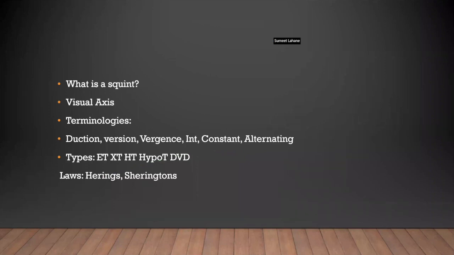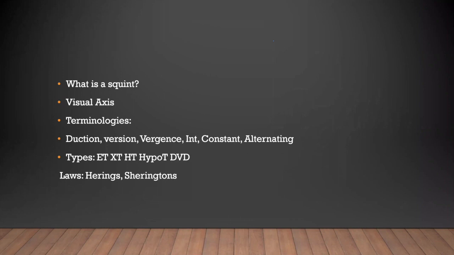There are some terminologies that I would like to take you through: duction, version, vergence, intermittent, constant, and alternating. We will do this because often we get confused between basic terminologies. Duction is movement of one eye; monocular eye movements are ductions.